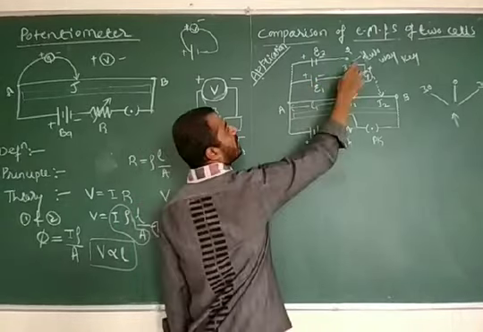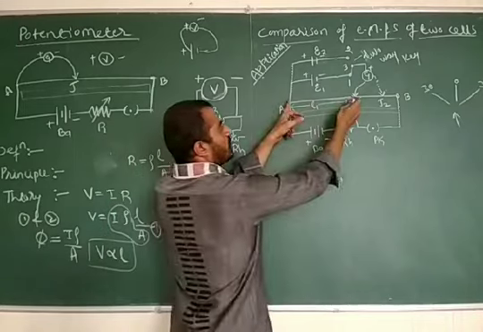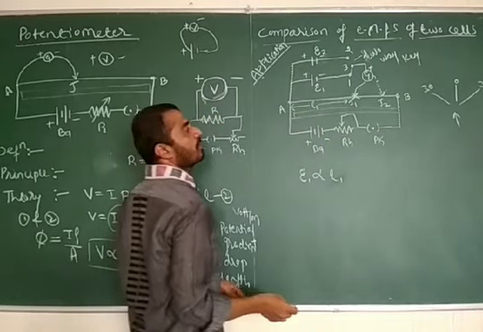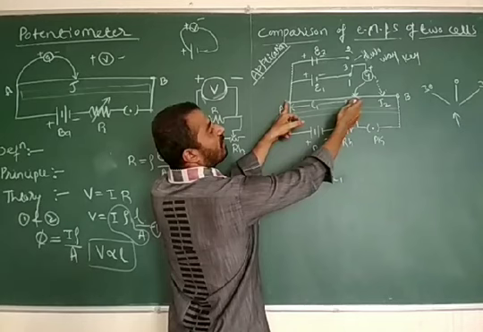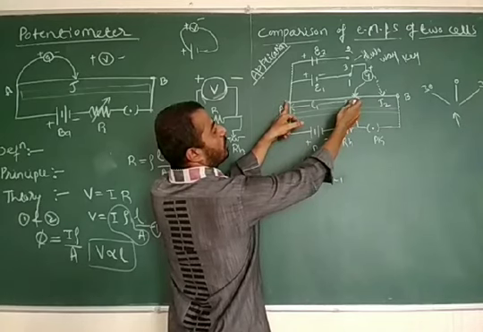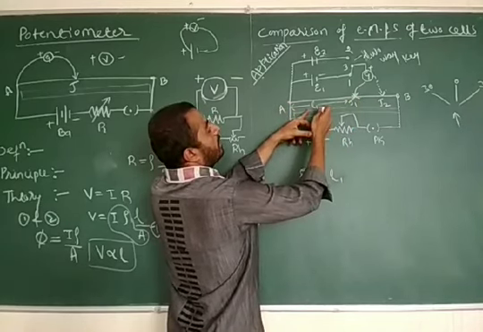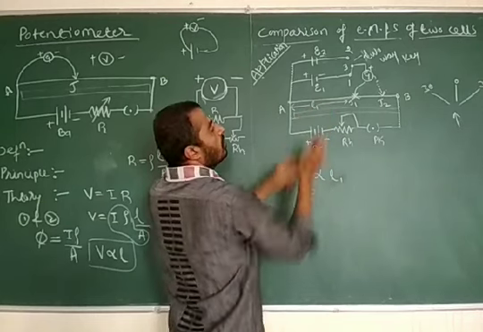Current not flowing through the galvanometer means the potential difference across the cell of EMF E1 is equal to the potential difference between the length A and J1, because this is a wire of some resistance R, there exists a potential difference. The principle of the potentiometer is the same: the potential drop between any two points on the wire of the potentiometer is directly proportional to the length or distance between those two points.